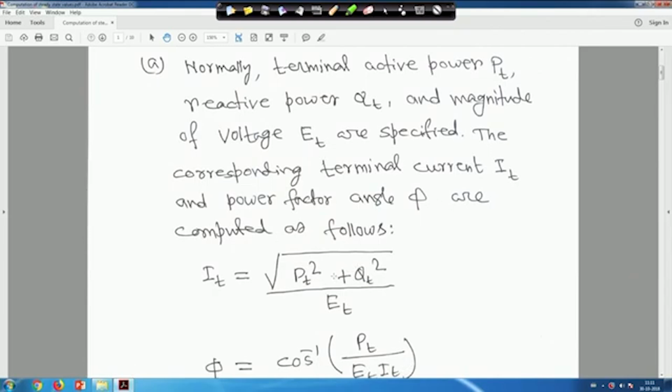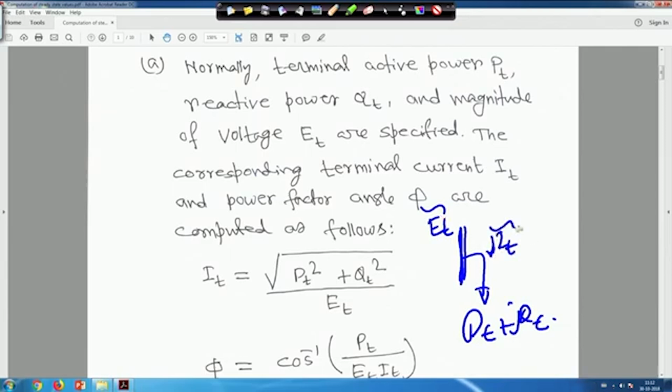So, IT will be root over Pt square plus Qt square upon Et. Suppose you have a bus bar, and here you have the power Pt plus jQt, and voltage here Et tilde, the phasor quantity, and the current is IT.